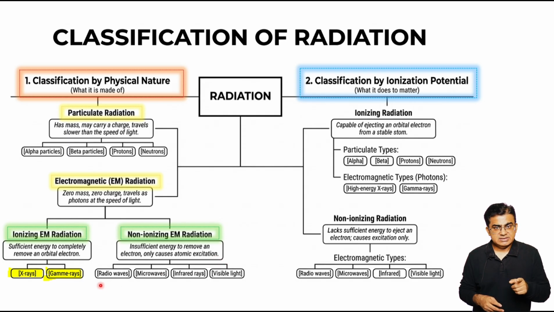Radio waves, microwaves, infrared rays and visible light are examples. Since it is not ionizing and cannot eject an electron, it is not harmful to our body directly. We are exposed to this type of radiation all the time.